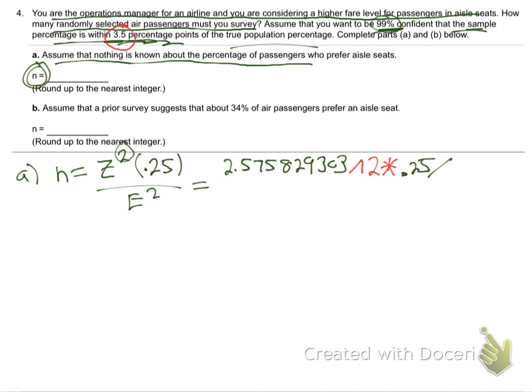It's this, but be careful. E is 3.5%, remember? So that makes the decimal go back 2 places when you take off the percentage. You always have to take off the percentage.